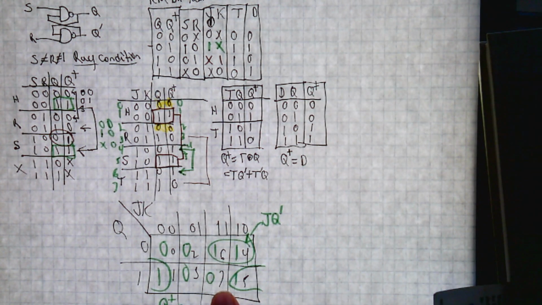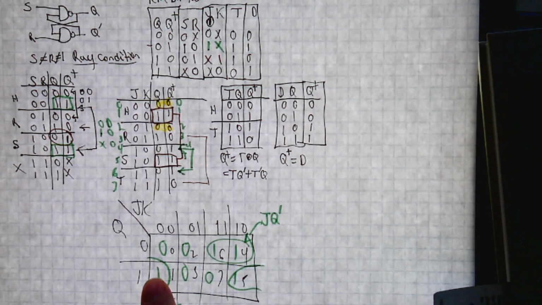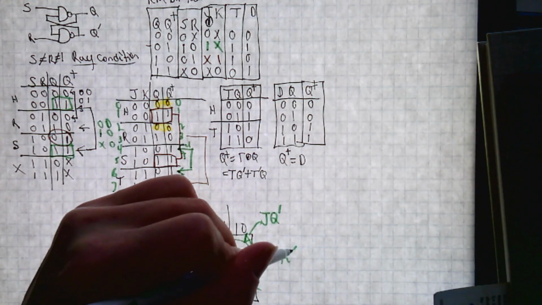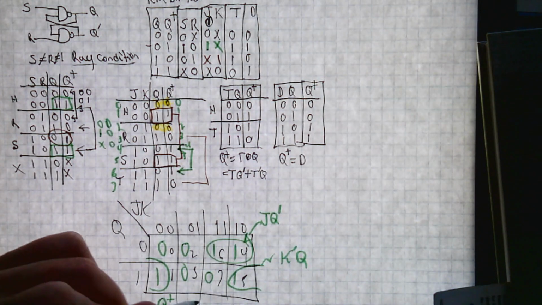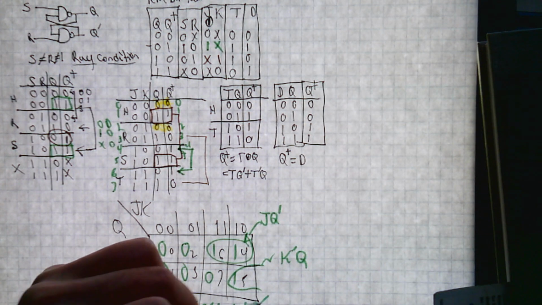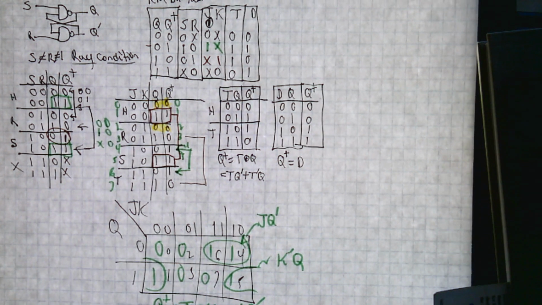That's good. And loop from here to here. And you're going to get K prime Q. That's correct. So JQ prime or K prime Q. So that's my next characteristic equation.